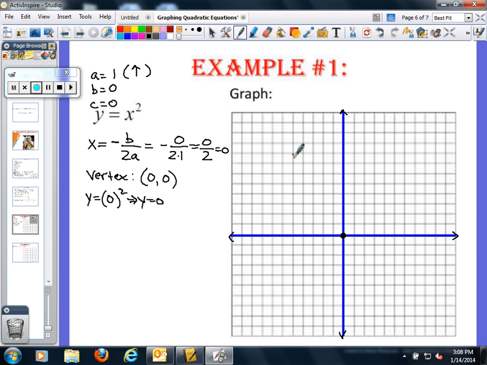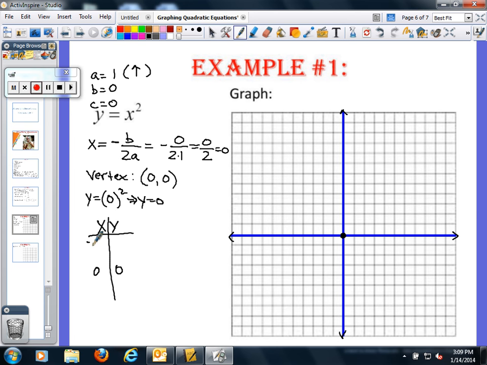All right. So now I'm going to go ahead and do an XY table for this one. And I'm going to just use values that we know. So we know 0, 0 is going to be in the middle because that's my vertex. And I'm going to have values over here on the left and values over here on the right.